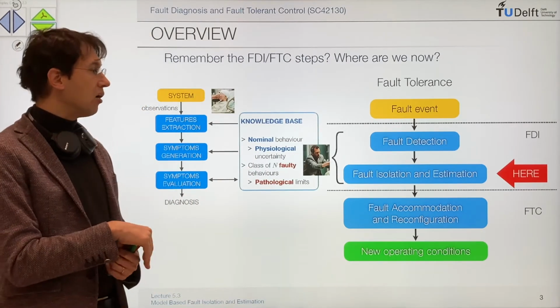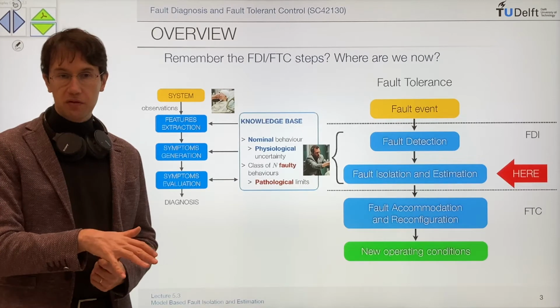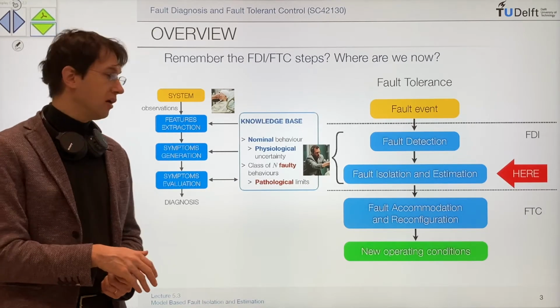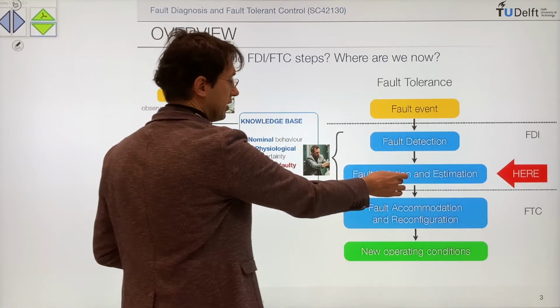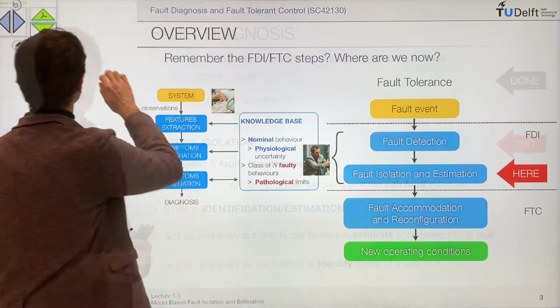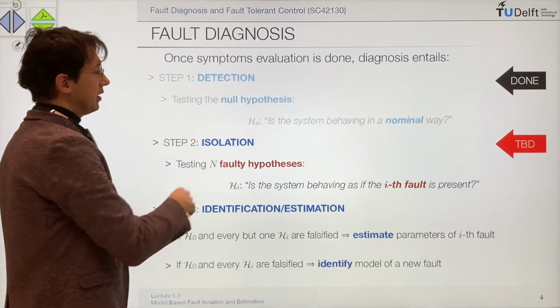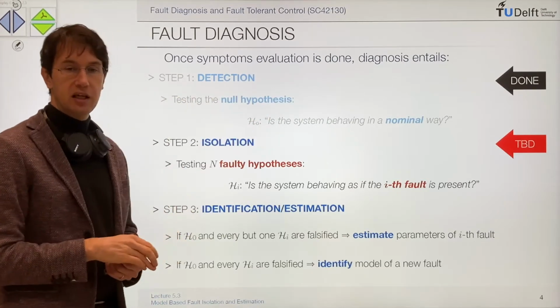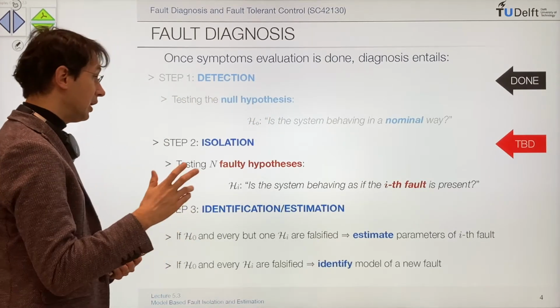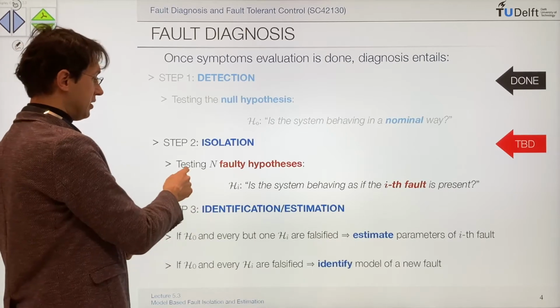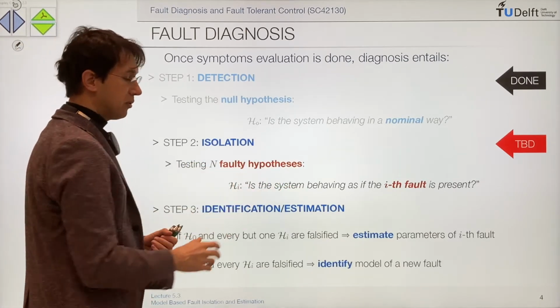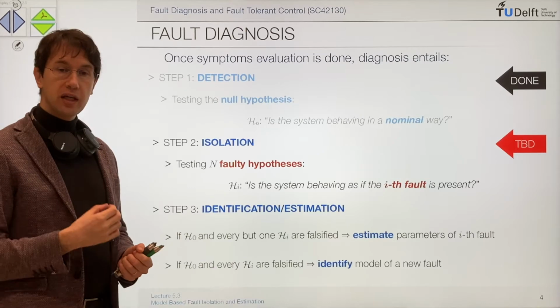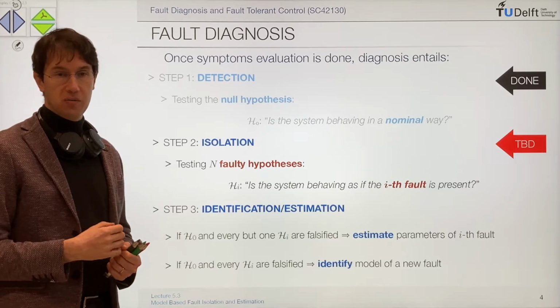You want to know how big this is. So let us see how we can extend the observer-based approach we introduced last time from detection to isolation and estimation. In the other lectures we covered the first step, detection. So we know how to test and falsify the null hypothesis. Now for isolation, we need to test n fault hypotheses, one for each of the faults we know about.